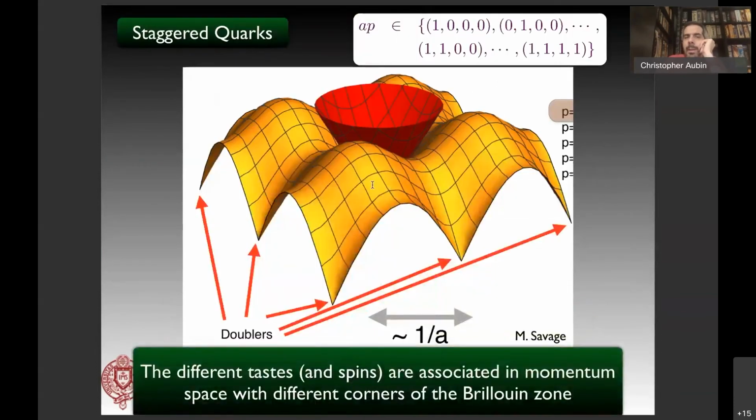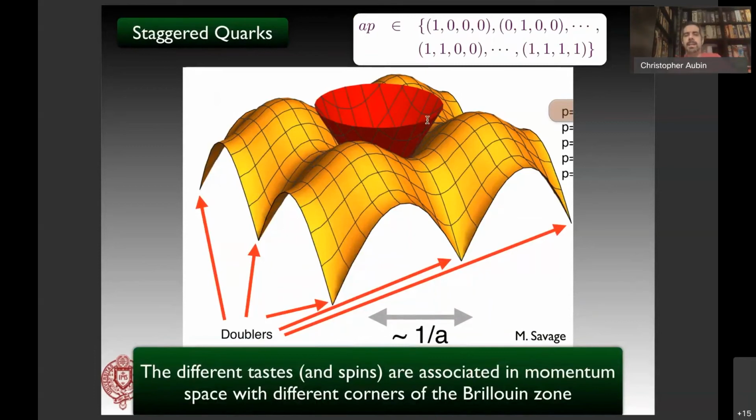But how do they arise? Well, I stole this nice image from Martin Savage to sort of show what these different doublers look like. This cone here, this is the Dirac cone in space near p equals 0. And you've got this nice conical shape because of the nature of the momentum of the quarks.